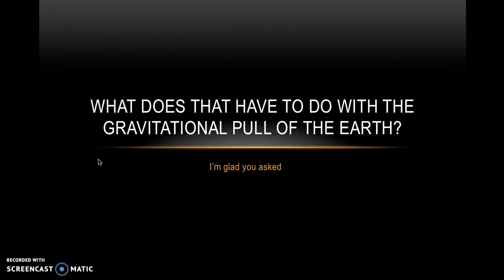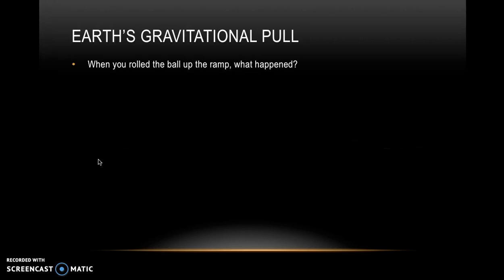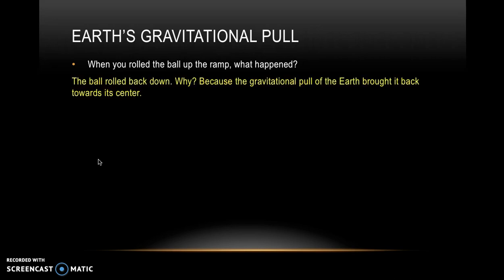What do all of those centers have to do with the gravitational pull of Earth? I'm so glad you asked. Earth's gravitational pull. When you rolled the ball up the ramp, what happened? The ball rolled back down. Why? Because the gravitational pull of the Earth brought it back down towards its center. When you pushed the sports balls of different mass, what happened?